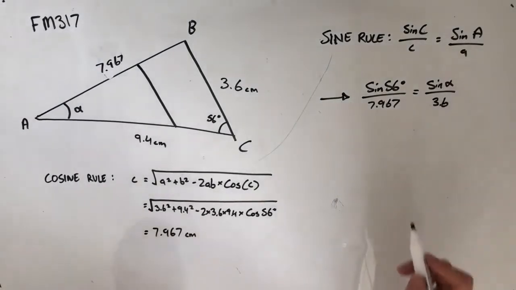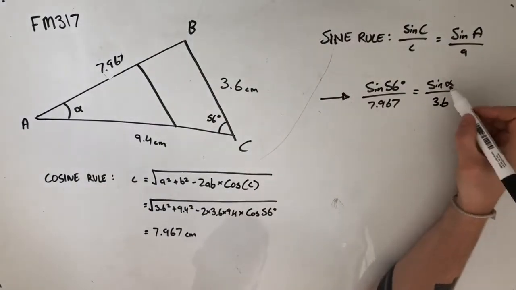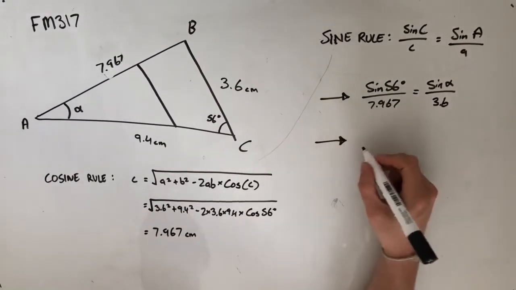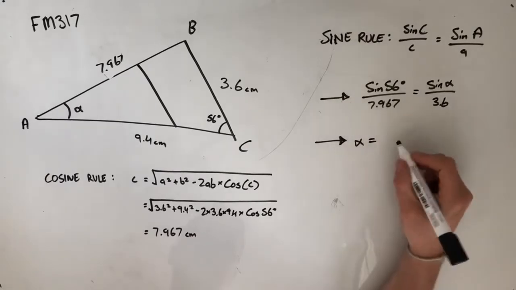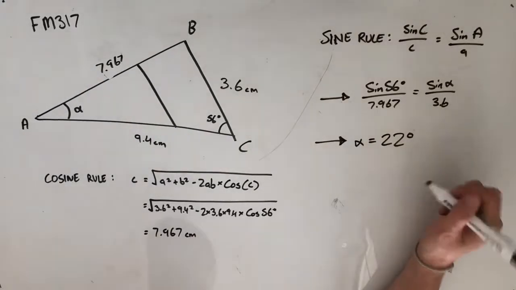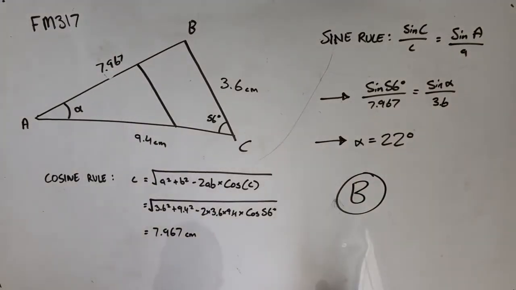Now here I would recommend using solve and solving for alpha, so you don't have to put an alpha symbol in your calculator. This could be sine of x and you could be solving for x. However, once you solve for this value, you should get an angle that is fairly close to 22 degrees, which of course ends up being option B.